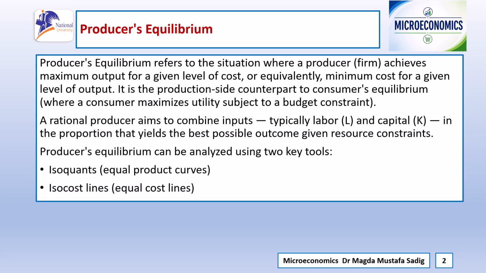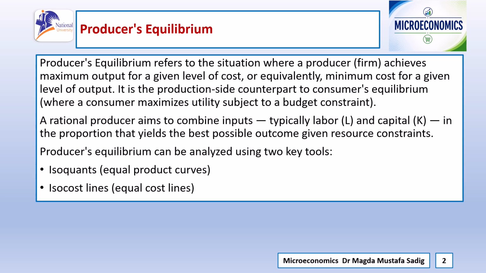Producer's equilibrium refers to the position where the producer uses available resources in the most efficient way possible to him. There are two equivalent ways of looking at this concept.